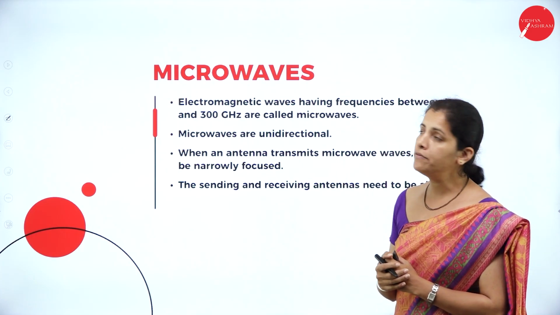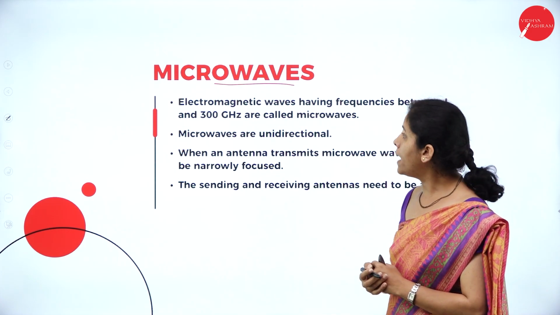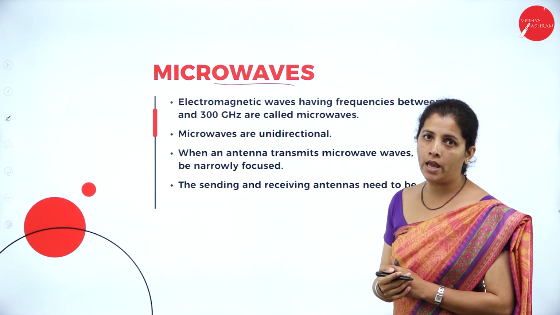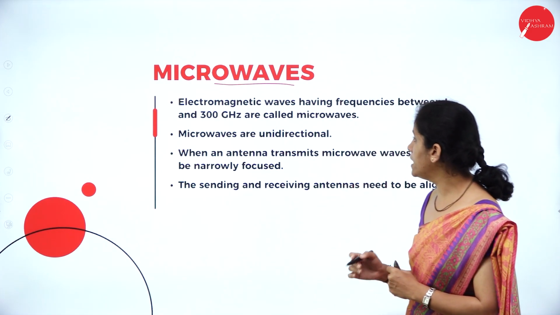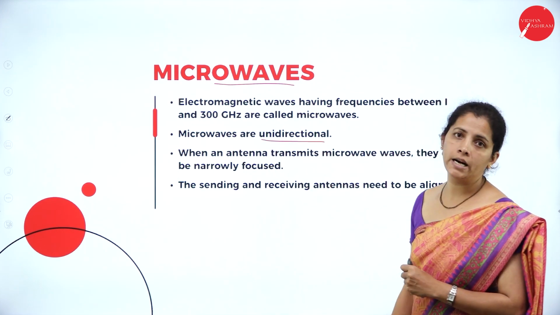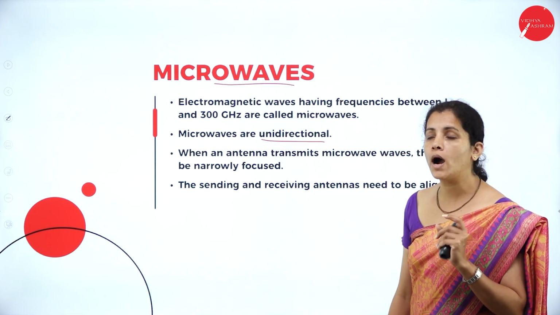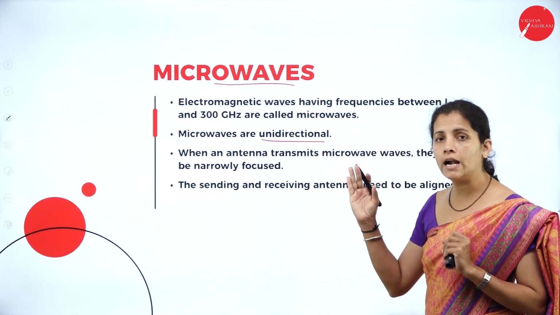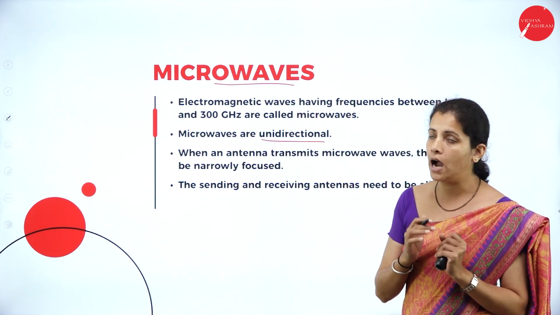Now I am going to discuss microwaves. Microwaves are nothing but electromagnetic waves, and all the waves are transmitted unidirectionally. Unidirectional in the sense what? Only one direction. For that reason, the sending antenna as well as the receiving antenna must be aligned.